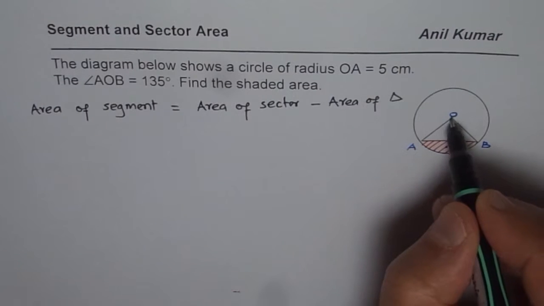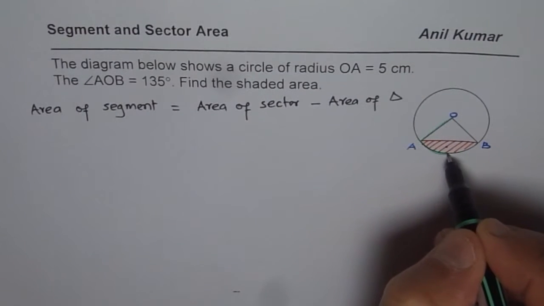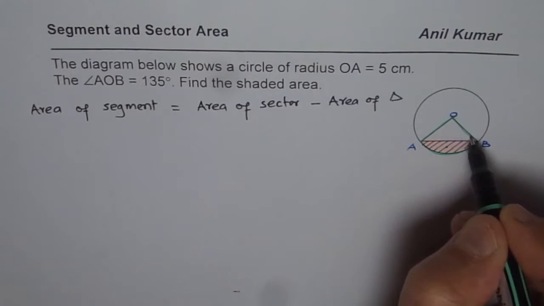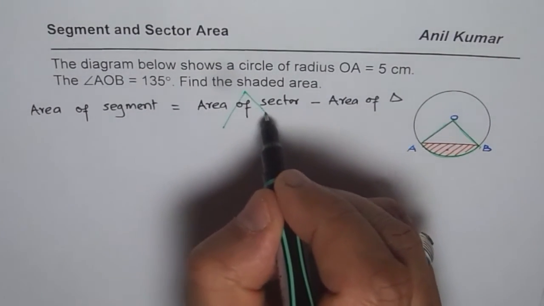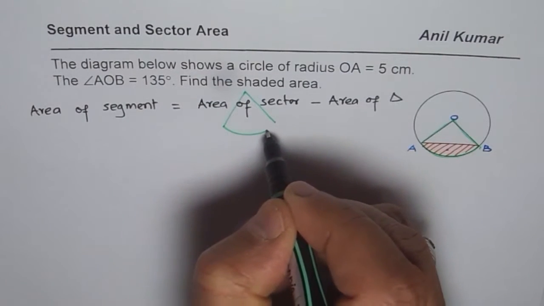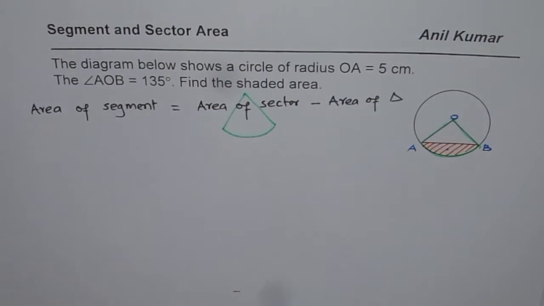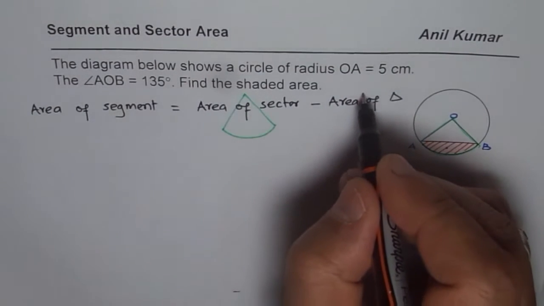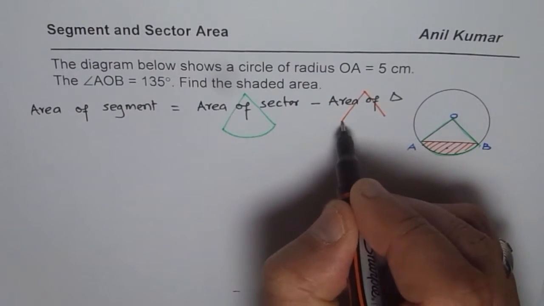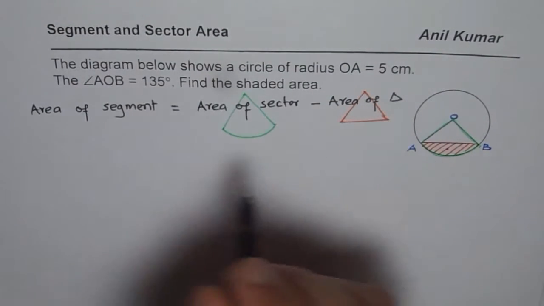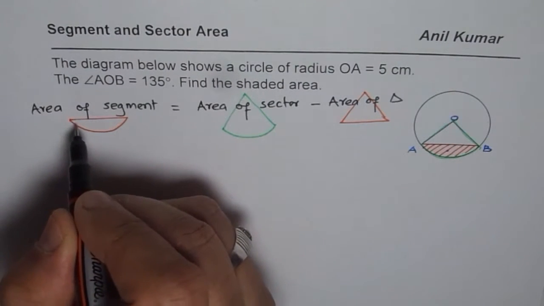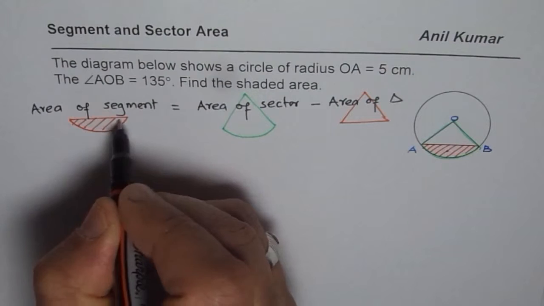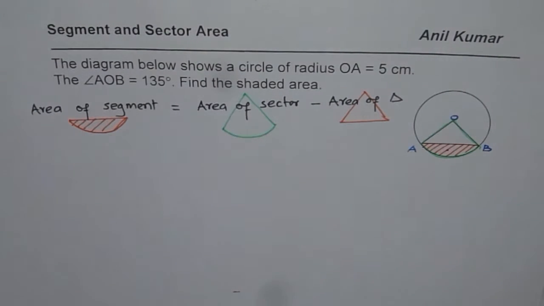That means this area, the whole thing. So that becomes the area of the sector. And from here we have to take away the area of the triangle, which is that much, right? So what we are going to be left with is the area of the segment. You get the idea. So that is the strategy, right?